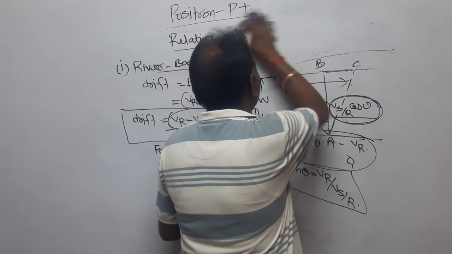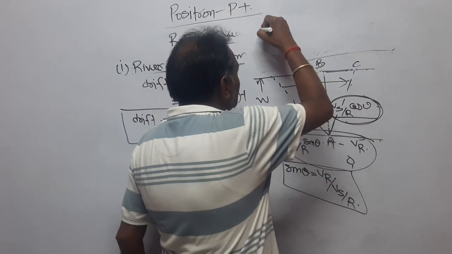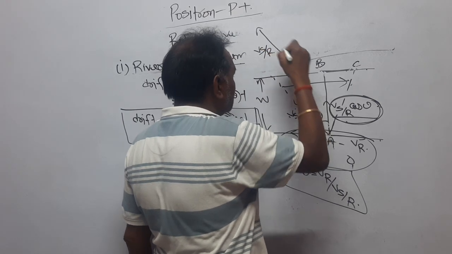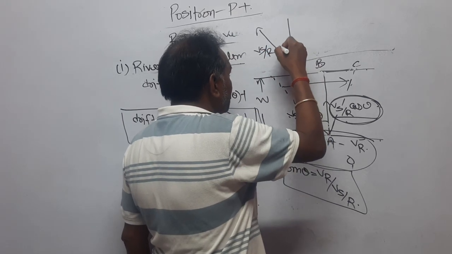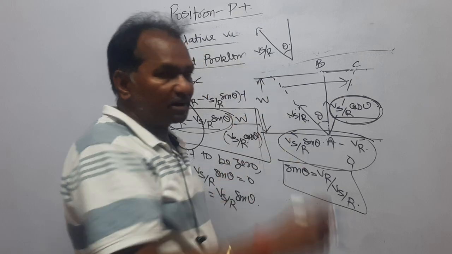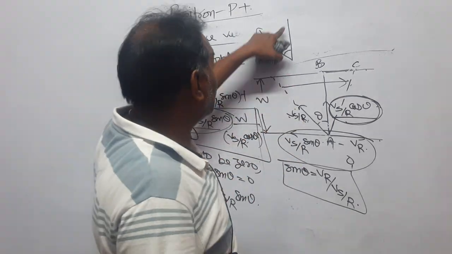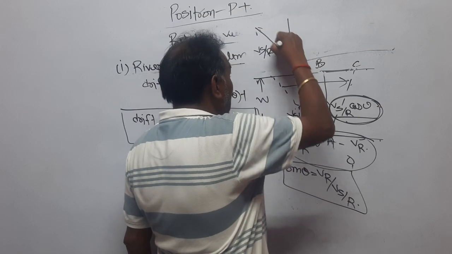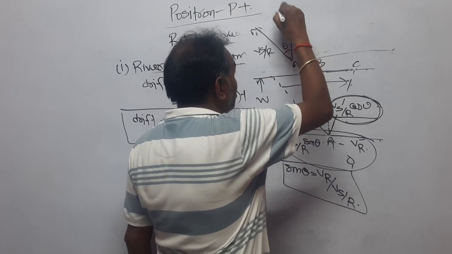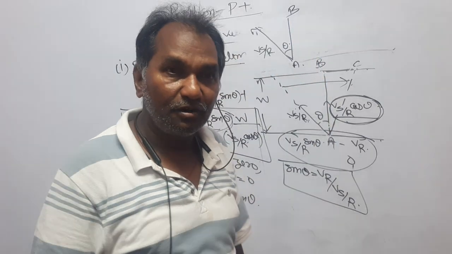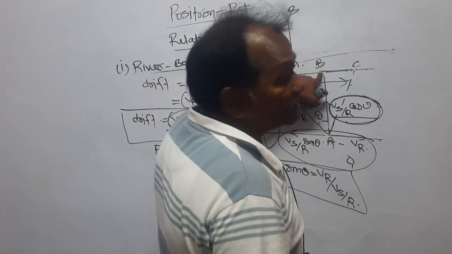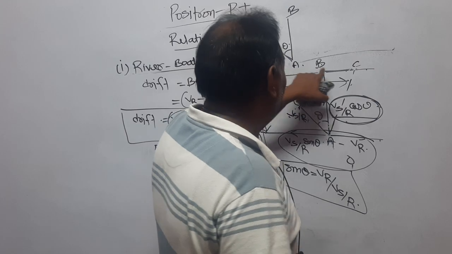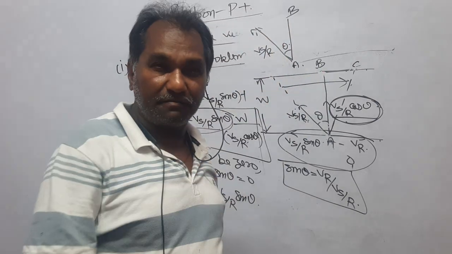The swimmer sails in this direction, this is the velocity of the swimmer with respect to the river, making an angle theta from the vertical. But he begins his motion from A and reaches directly to point B because the drift is 0.